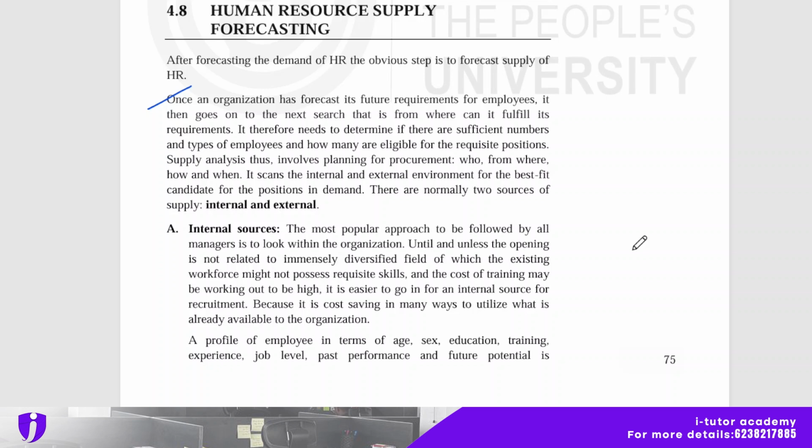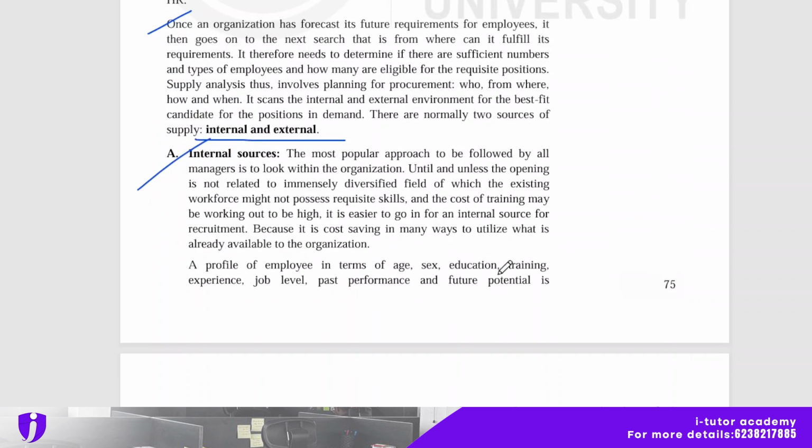It scans the internal and external environment for the best fit candidates for the position in demand. There are normally two sources of supply: internal and external. Internal sources. The most popular approach to be followed by all managers is to look within the organization, unless the opening is related to an immensely diversified field for which the existing workforce might not possess the requisite skills and the cost of training may work out to be high.